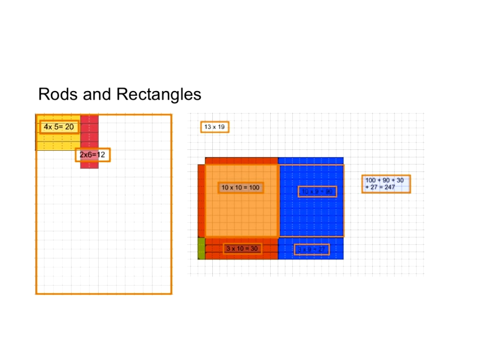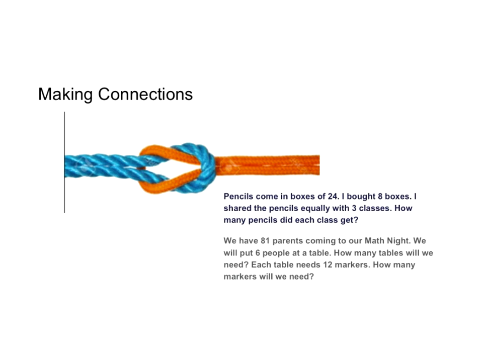Okay? So for me, the final piece in all of this is the connections, about how important it is to connect multiplication and division and make that visible to students. And often we teach them in isolation, right?